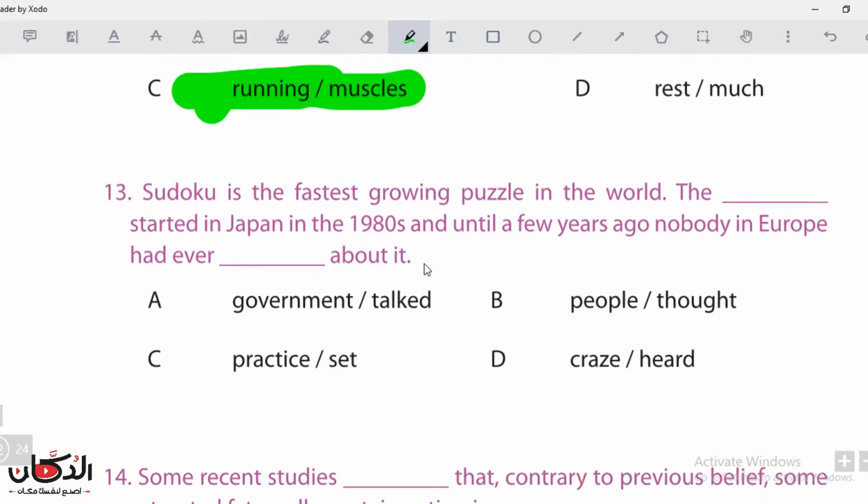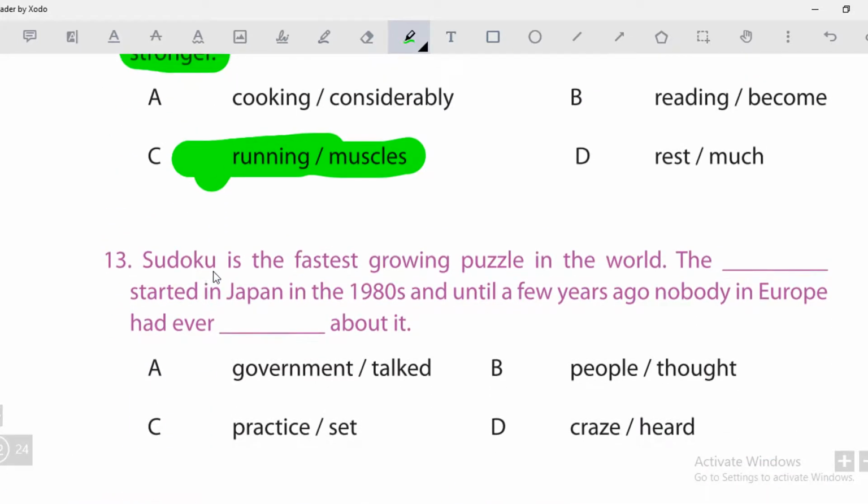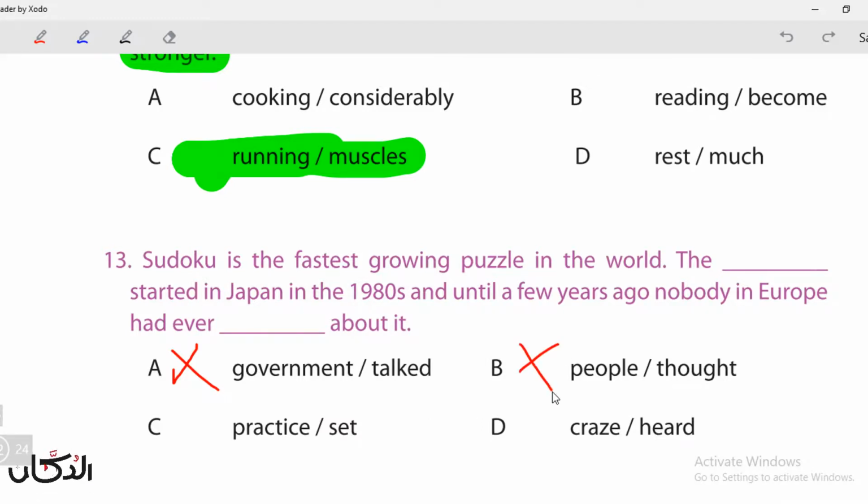Look for the keywords. Okay, Sudoku, you know it. Sudoku is the fastest growing puzzle in the world that started... The government started, completely wrong. People started, I think it's also completely wrong. Practice started, maybe. Craze started means here interest or love for something.